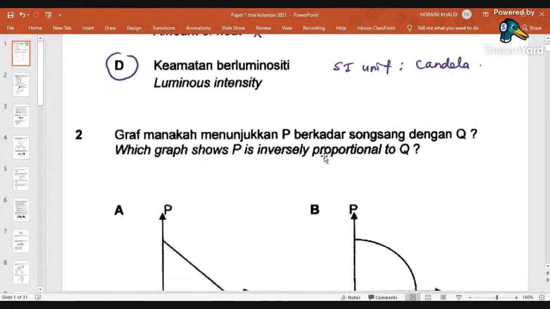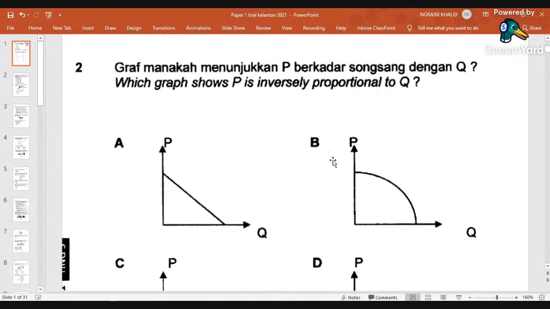Okay, number 2, which graph shows P is inversely proportional to Q? If you write the relationship, it should become like this.